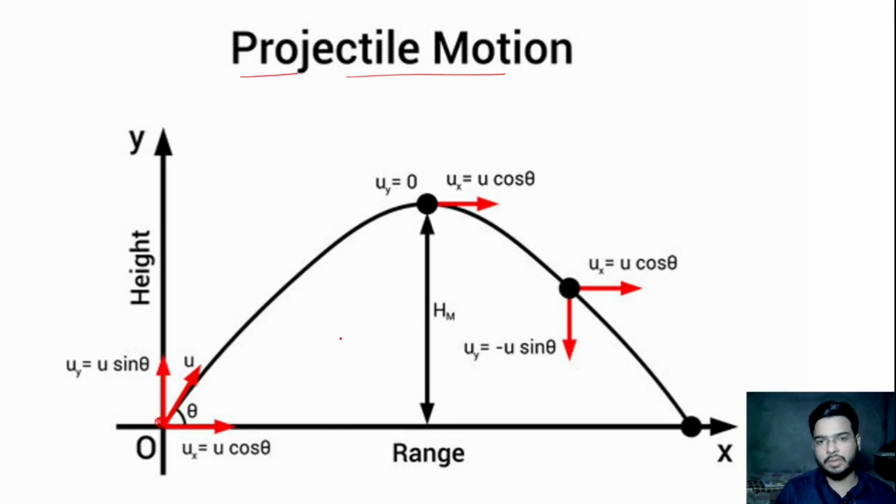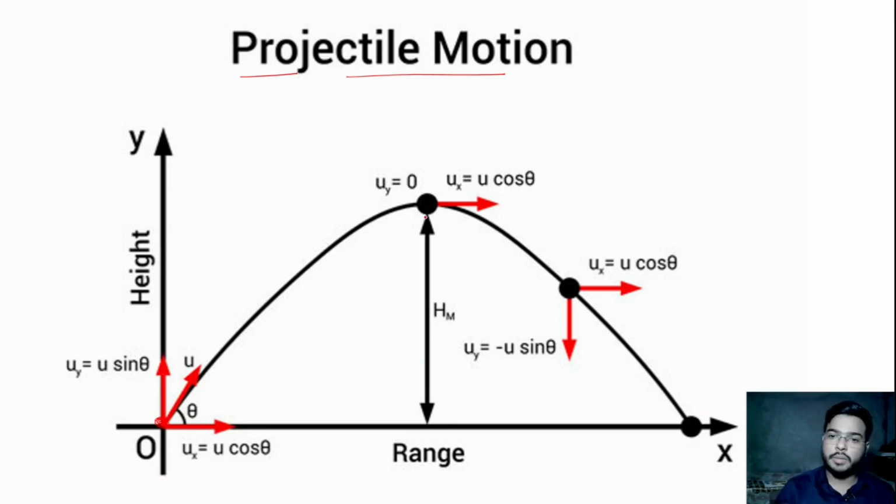So we can say that this type of motion is a two dimensional motion, and this is a specific projectile motion where one body is projected and we can calculate different aspects like speed and the range, meaning the distance from the original point to the last point where the body strikes the ground. If a body is thrown upward, then obviously it strikes the ground. So this is the range, and this one becomes the height.